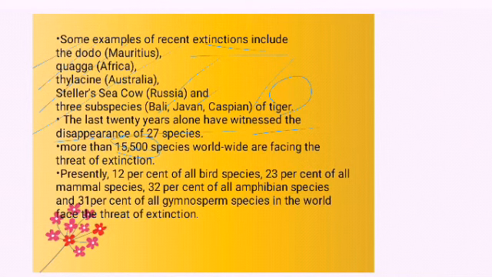Presently 12% of all bird species, 23% of all mammal species, 32% of all amphibian species, and 31% of all gymnosperm species in the world are under threat of extinction. So they are all facing danger. You have to roughly keep these numbers in mind, because they may ask for one-word answers. In that case you should know.